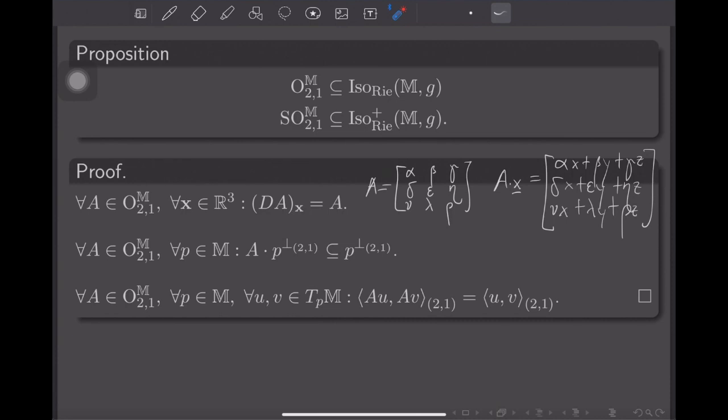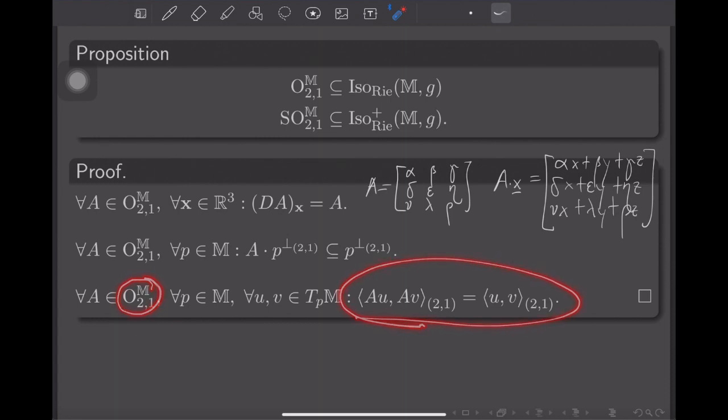Okay, so what advantage does it have? Well, whenever I take a point in the hyperboloid and I take any two tangent vectors, seen as elements of R3, A preserves the form.